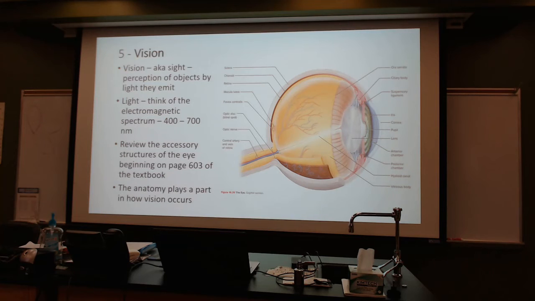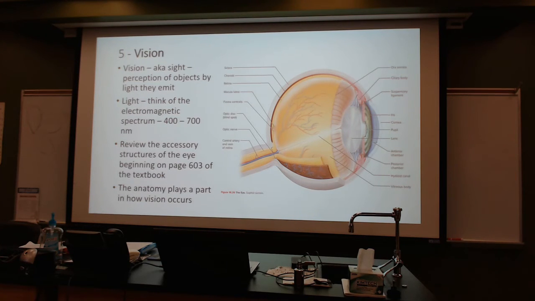Of that huge electromagnetic spectrum, there's only a very small portion we actually see. It's from roughly 400 to 700 nanometers on that spectrum. We refer to it as ROY G. BIV: red, orange, yellow, green, blue, indigo, violet. That's the portion that gives us the stuff that we see.